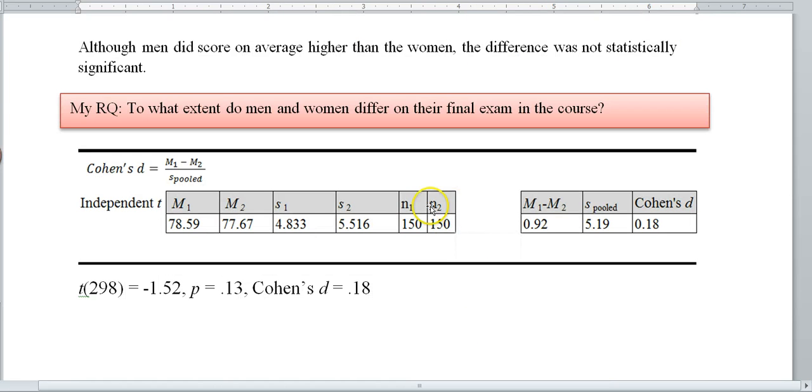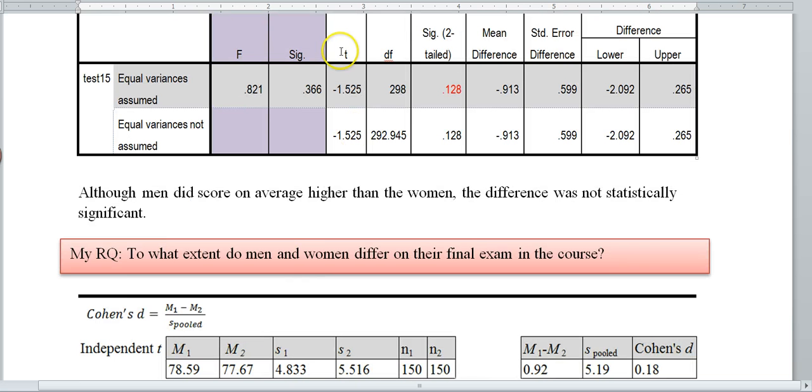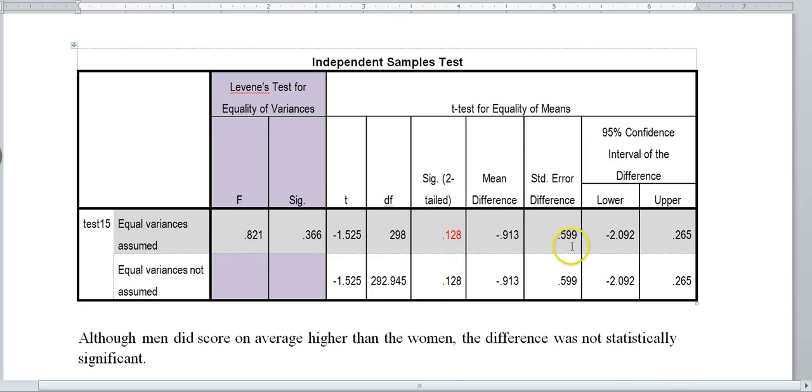And then once you put those values in, you will get your Cohen's d, which is 0.18, which again is a standardized effect size, and your t statement can be written by looking at your independent samples t-table.